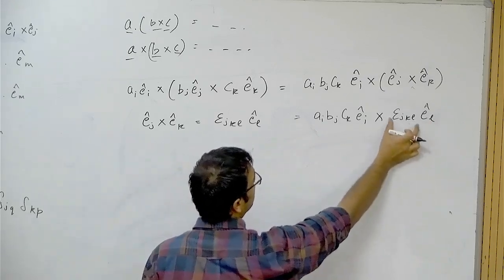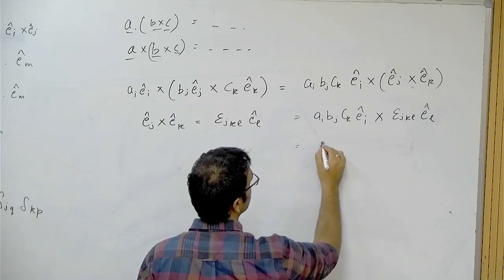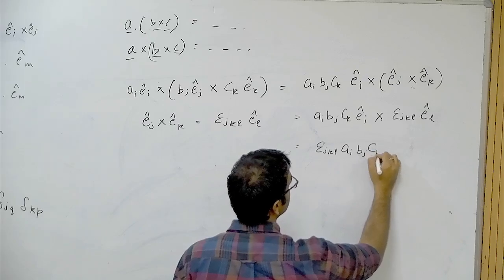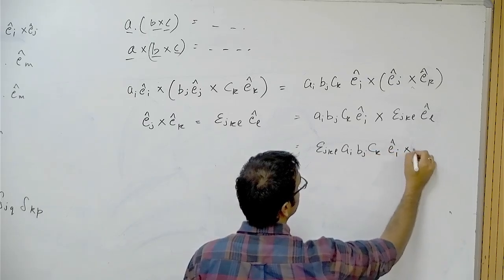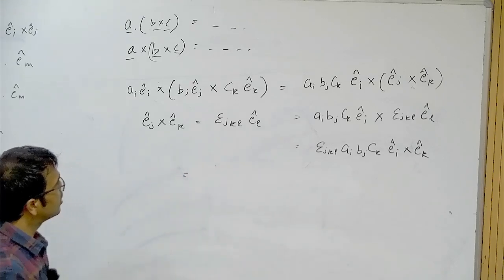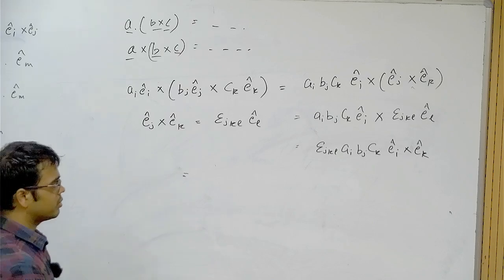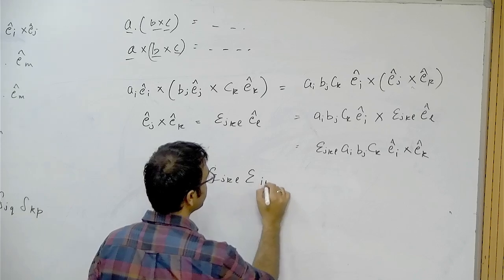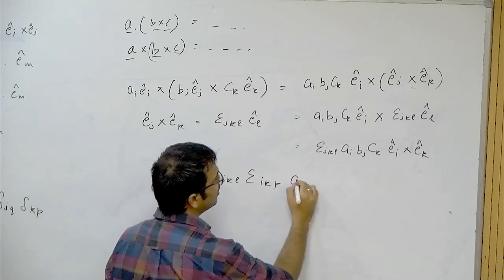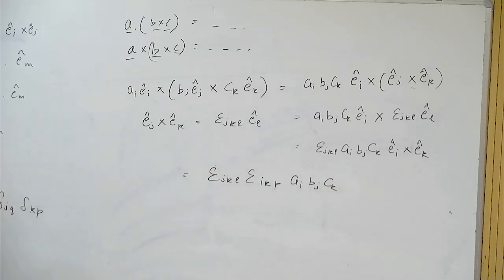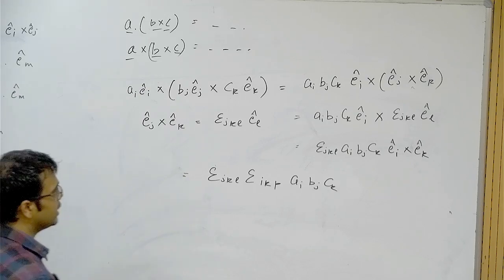Again, this part itself is a scalar, so this can be epsilon_jkl a_i b_j c_k. And now what do we do? So epsilon_jkl epsilon_ikp, let's call a_i b_j c_k, e hat p.